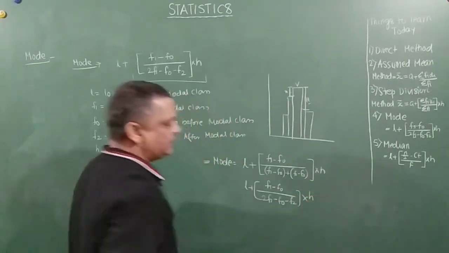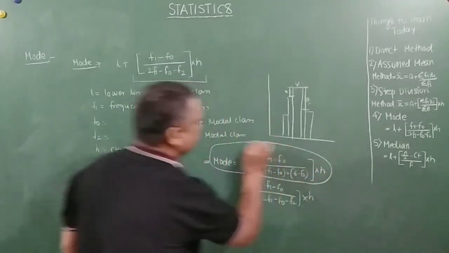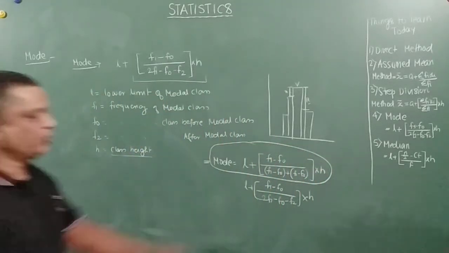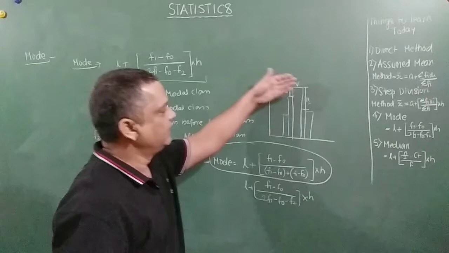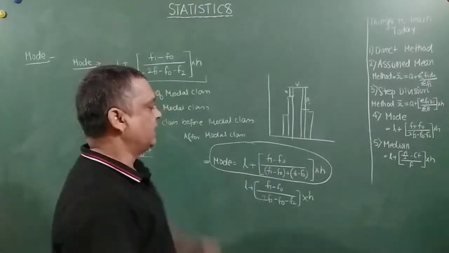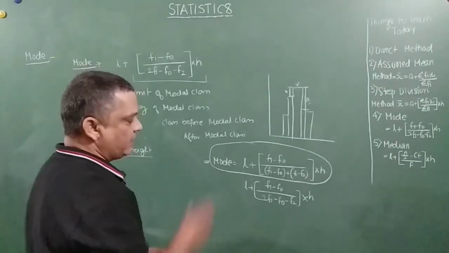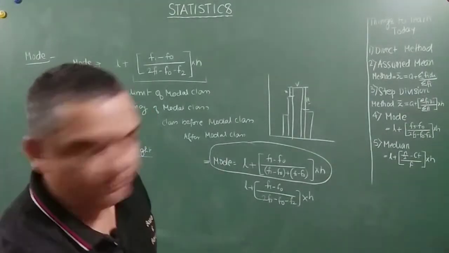Did you get the same result? But this is more logical if you want to remember it. There is a logic behind it, right? This divided by this height, divided by this height, into the class height, right? So this is mode. Now let us move on to median.